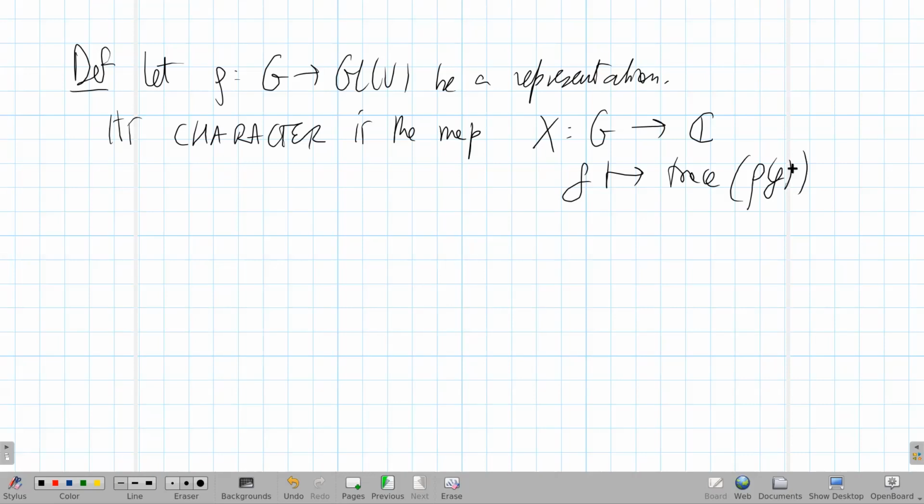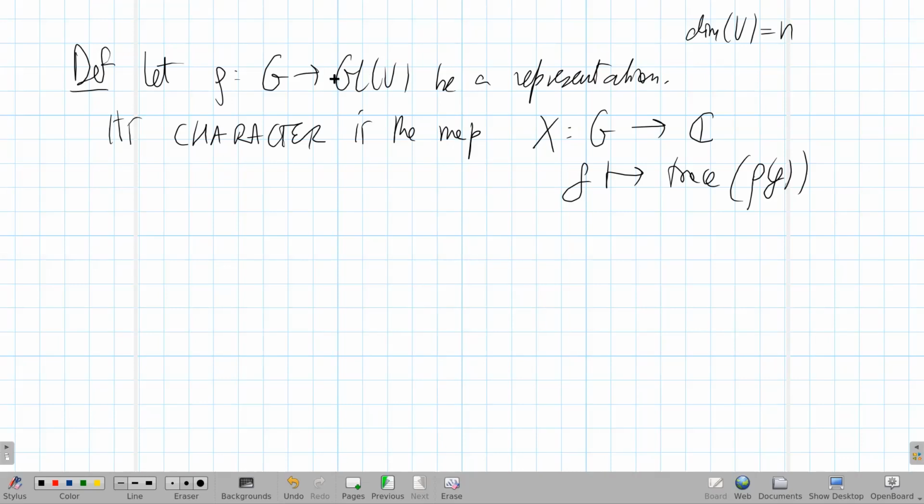As I told you already, suppose that the dimension of V, this is just a convention, just giving names, is n. Then to give a representation, you are supposed to associate to every element g of G n squared numbers, because these are n by n matrices.